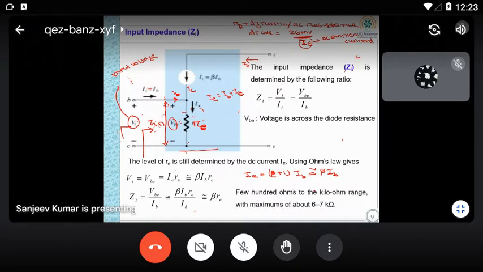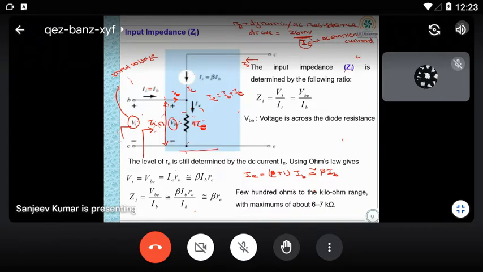Generally, practically, in common emitter configuration the input impedance is approximately in the kilo ohm range, around 6 to 7 kilo ohm. This data was given 5 to 10 years back, and it may vary because it depends upon the device developed by the company.